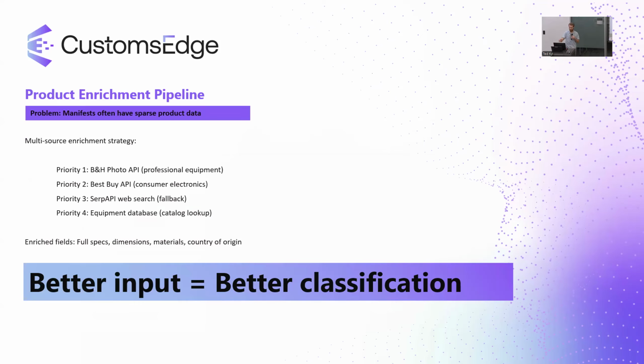So to do that, we enrich any truncated product names or descriptions or what have you, by going on B&H Photo with a little scraper. They don't have an API. And then Best Buy does have an API. We do web search. All of this is just to get country of origin, price, dimensions, product description, get that clean. That way we get a solid classification.